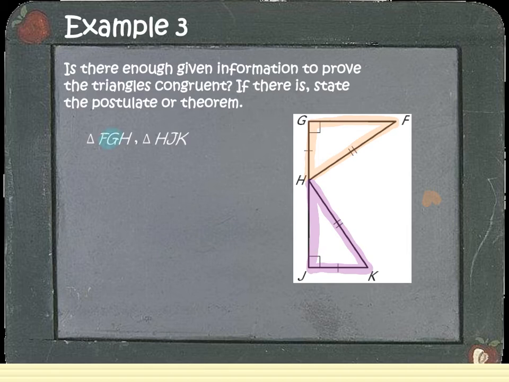Does FG, which is this side, match HG, which is this side? Yep, that's the one that's not marked, right? Does GH match JK? GH matches JK. Those are the single marks. Yep, so this is yes. And it would be hypotenuse leg. Questions on that one?